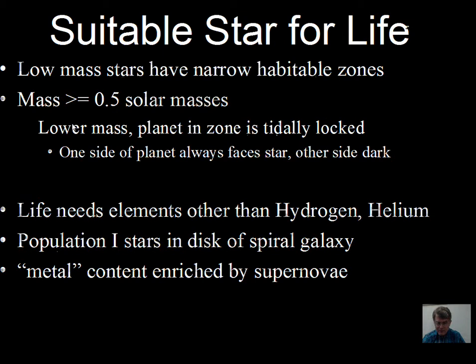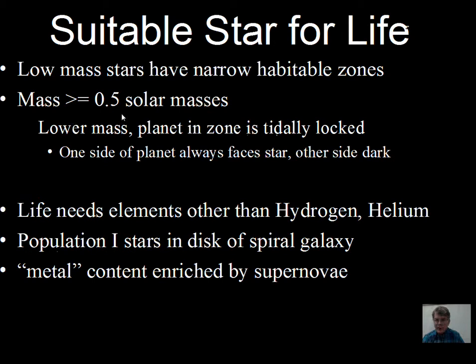Just as our moon always has one face towards the Earth due to this tidal lock effect, a low mass star would have a planet in its habitable zone tidally locked to the star. So one side of the planet would always be in sunlight, and the other side would always be dark. And there'd be extreme temperatures on the two sides. So that's not the best situation for life, probably.